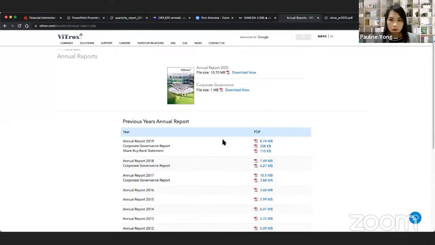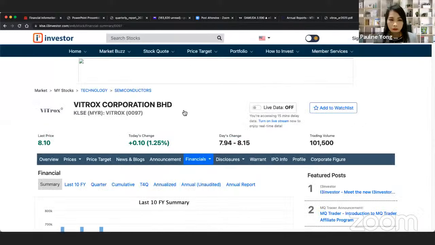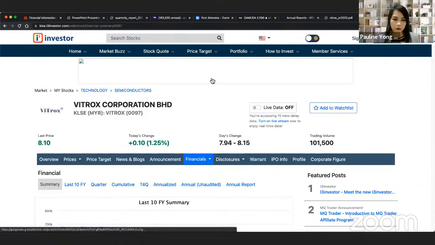So where do you get the quarterly report? Usually I will look at iInvestor or Bursa Marketplace. Bursa Marketplace or i3 Investor also can. In this case, I was trying to access the Bursa Marketplace just now, but it looks like the website is having some problem loading.